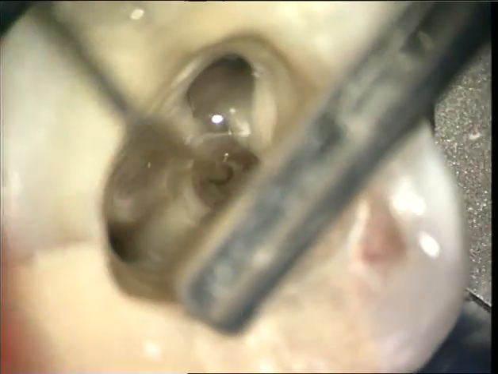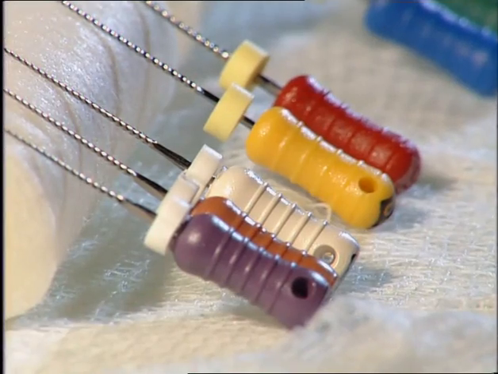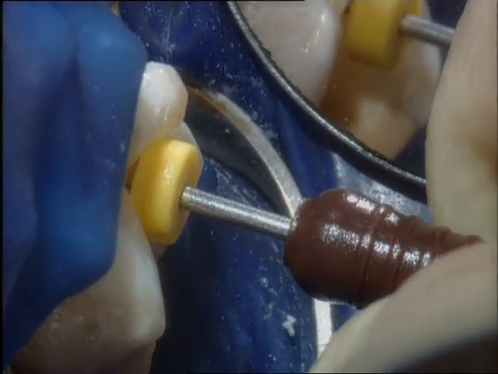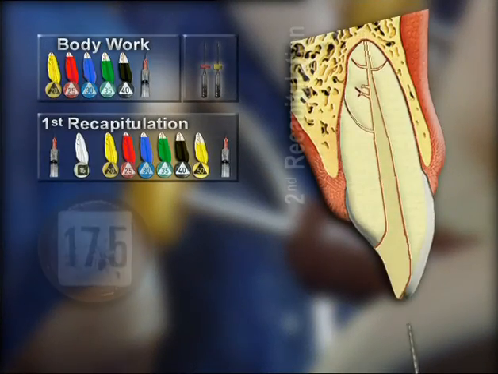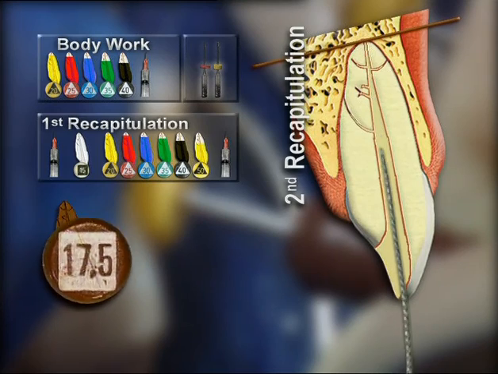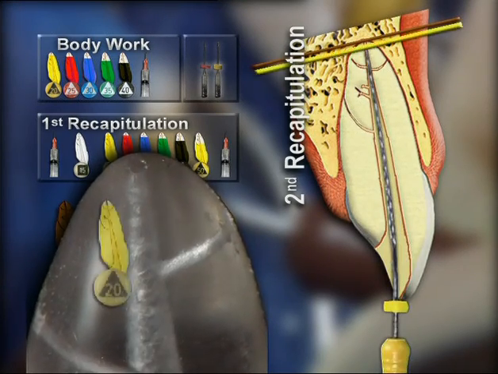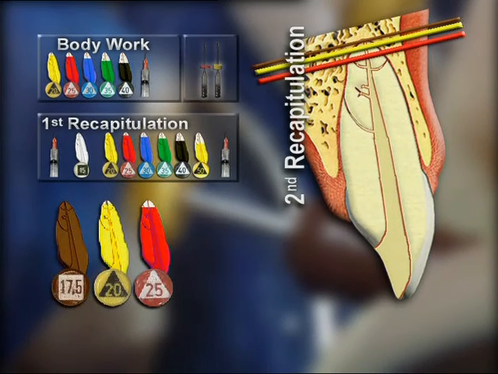Serial reaming and filing with repeated irrigation improves the angle of incidence, so that a number 17.5 file is slipping to the radiographic terminus. During the second recapitulation, no instrument goes to the same place twice. They automatically extend deeper into the canal, thus developing the desired conical shape.